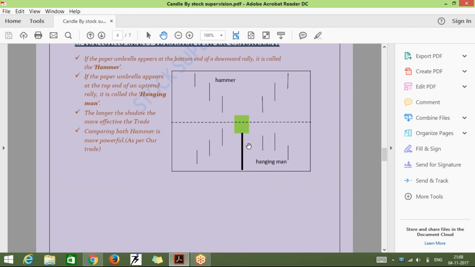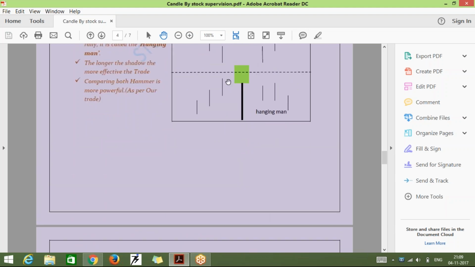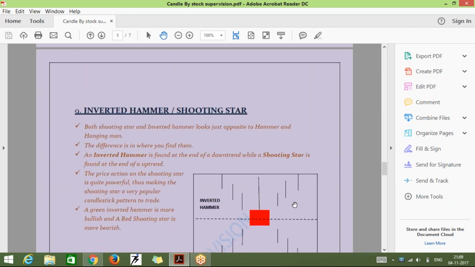Here it was hanging man found in the uptrend. The difference between hammer and inverted hammer, hanging man and shooting star is, see this, here the shadow is in the downside, here the shadow is in the upside.